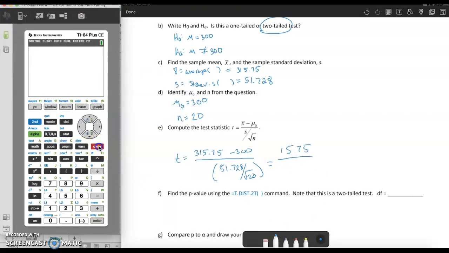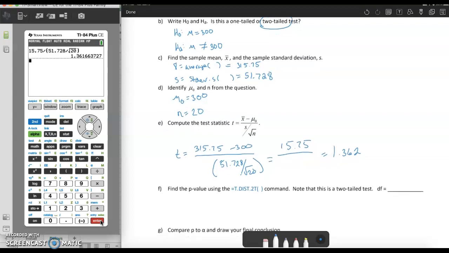So I'm going to go over to my calculator and type in 15.75 divided by parentheses, and inside of the parentheses, 51.728 over square root of 20. Close that up. Looks like my t-test statistic comes out as 1.362.